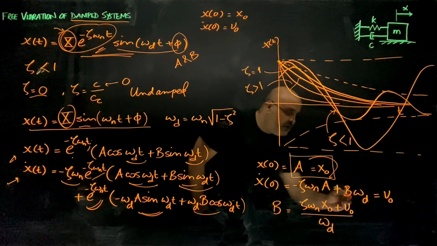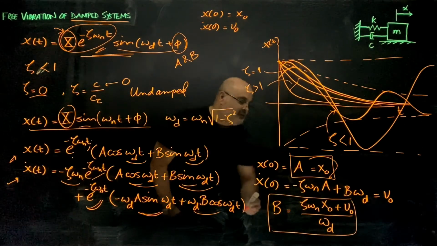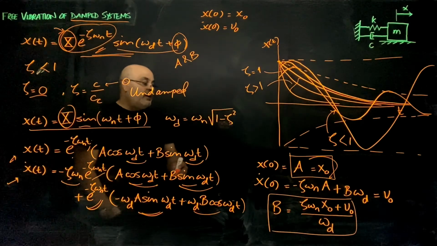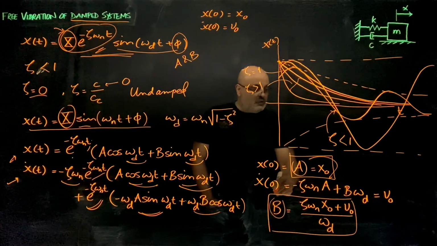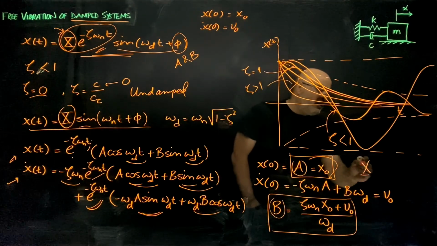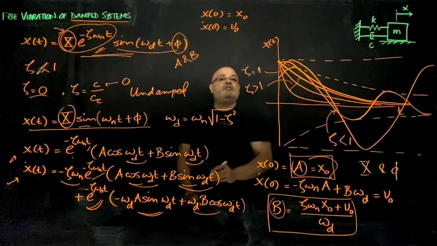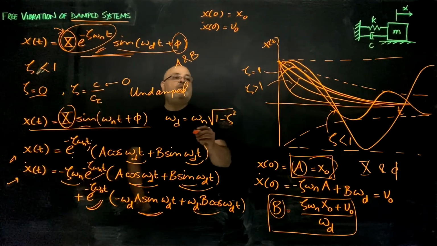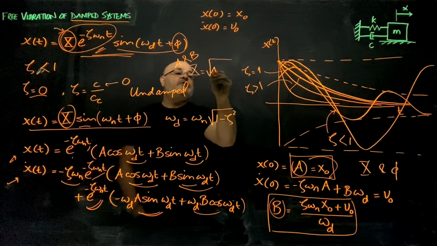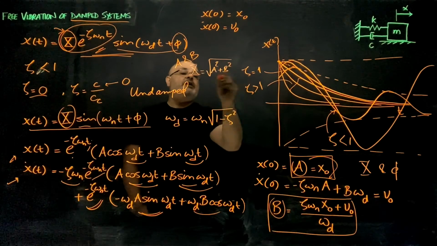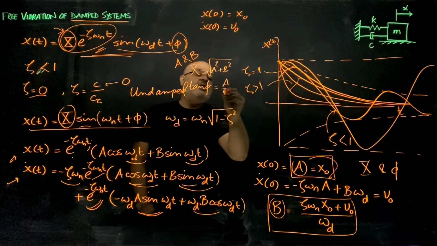and also I can convert from a and b to x and phi using the relations that we found earlier, which were x equals square root of a squared plus b squared, and tangent of phi is a divided by b.